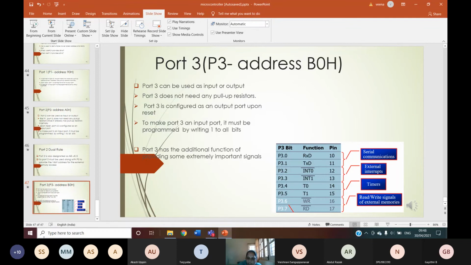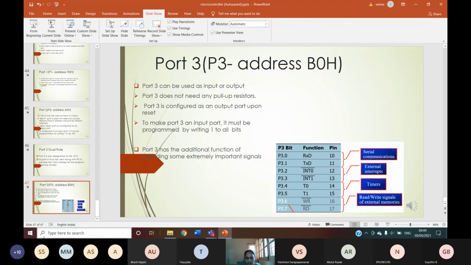Again, read bar and write bar are active low signals. Whenever write bar is made 0, it indicates that the microcontroller is writing to the corresponding memory location. When read bar is made 0, it indicates that the microcontroller is reading the corresponding memory location. The corresponding memory location is the addressed memory location, and its address is sent on port 0 and port 2 lines.